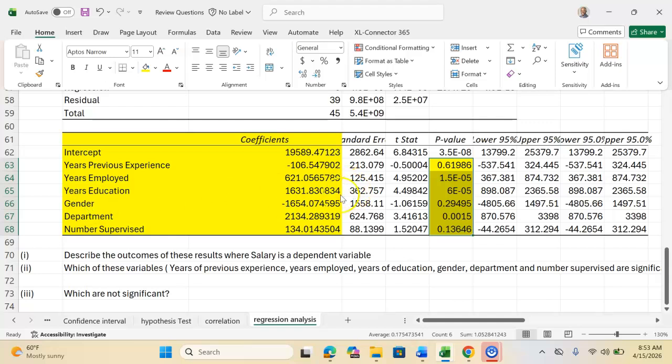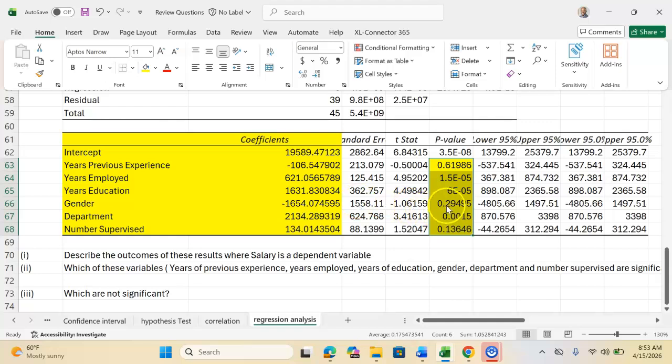How about gender? Gender has got a minus, and it's 1,654. The amount is bigger than this one and the other one over there, but is this amount significant? Meaning that your gender will reduce your salary by 1,654.